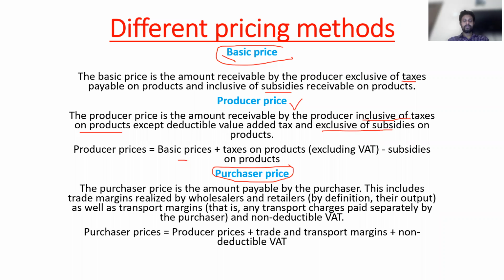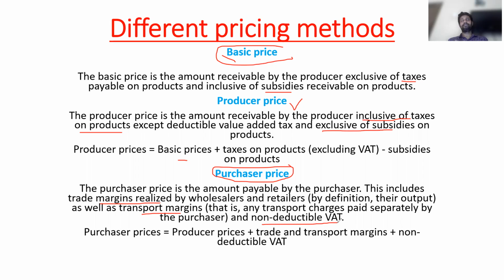Then the purchaser's price. The purchaser's price is the amount payable by the purchaser. This includes trade margins, wholesaler and retailer, as well as transport margin, transport charges, as well as non-deductible VAT. Simply, non-deductible means it is paid by the consumer alone. They are not producers. That's why it is non-deductible. Producers can deduct the VAT when they purchase items, raw materials. When they sell their products, such VAT can be claimed. That's what non-deductible means.